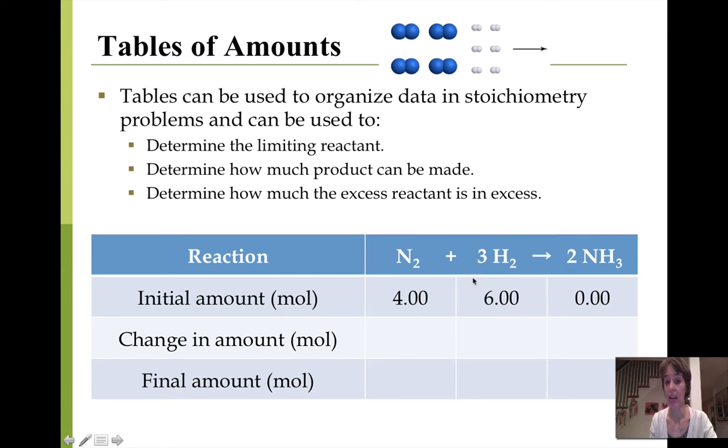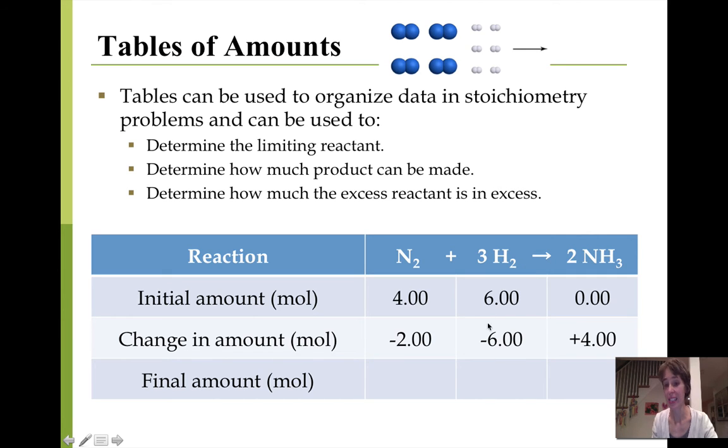The question is, how are these other reactants and products going to change in terms of their molar amount? To calculate that change, we apply that stoichiometric ratio. I'm going to work this out for the next example problem in this video. But just looking at our ratios here, for every 1 mole of nitrogen, there's 3 moles of hydrogen.